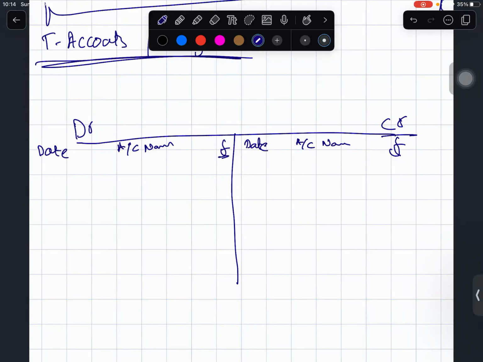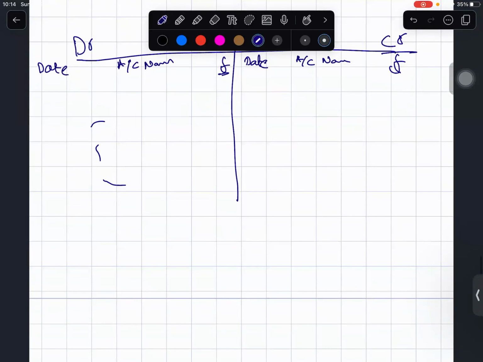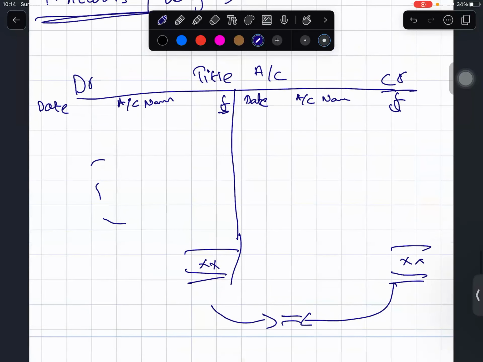And here we write title, account, whatever it may be. And then we just post our entries. At the end of the day, we have to make sure that this debit side and this credit side is always equal.